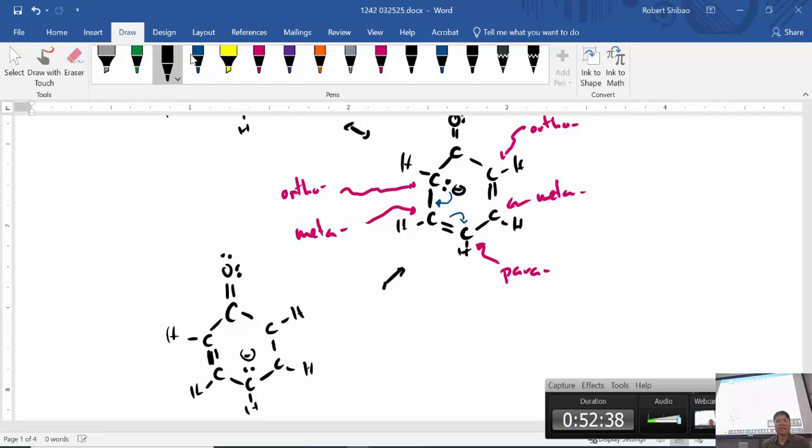Okay, and then we could drop this lone pair into this bond here and kick this bonding pair out onto this carbon here.